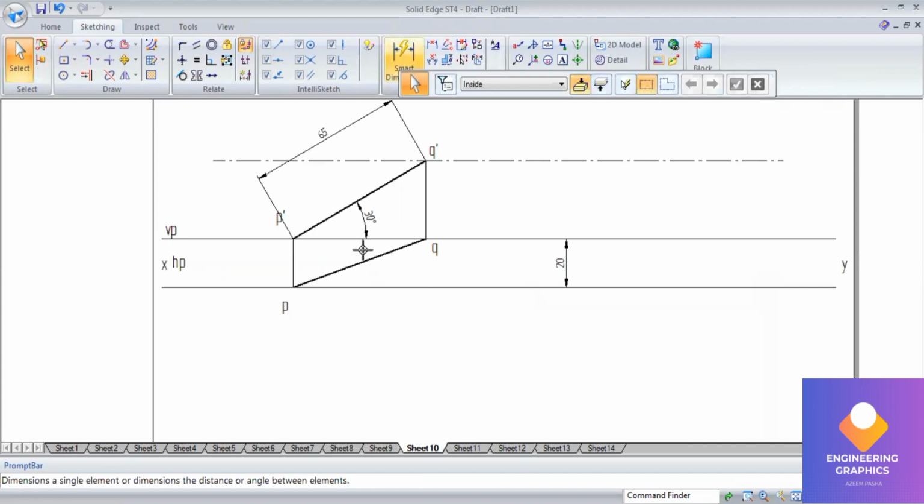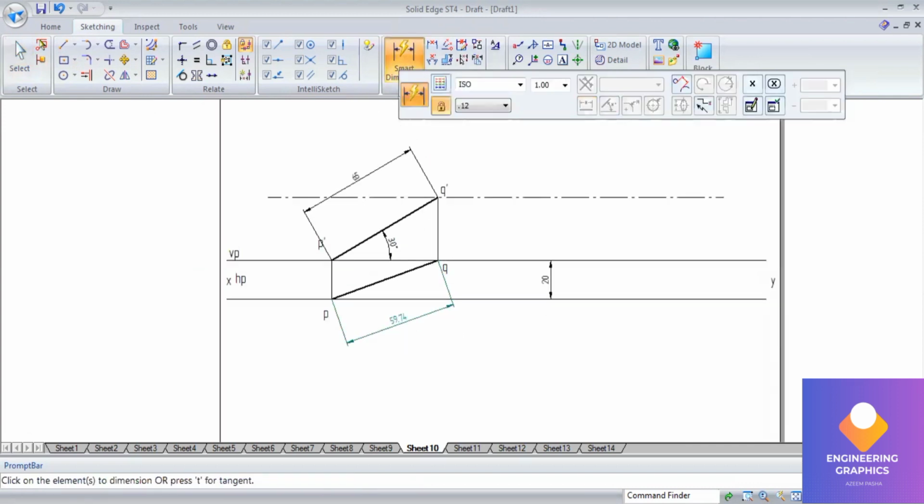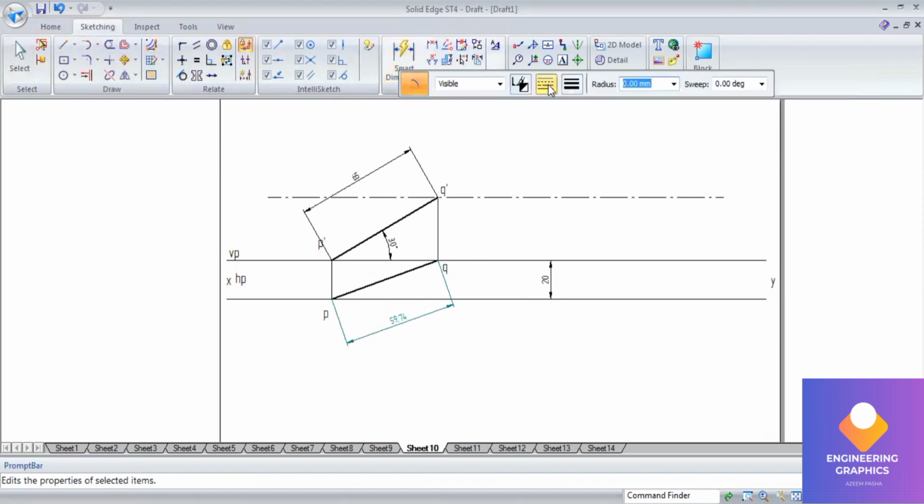So both the views get constructed here. Now by rotating these apparent lengths, we can construct the true length. Select P dash, Q dash. Cut the arc. Now join this point, and you will get the true length.